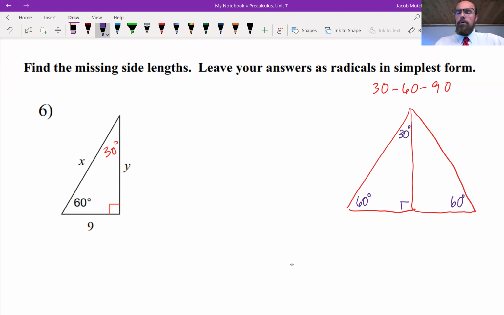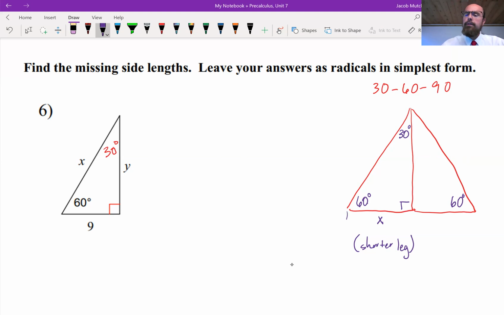Now, if I call this lower side x, keep in mind that's the shorter leg. You can tell that it's the shorter leg because it will be in between the 60 and the 90. I can make a case at this point to find the length of the hypotenuse because it came from an equilateral triangle.